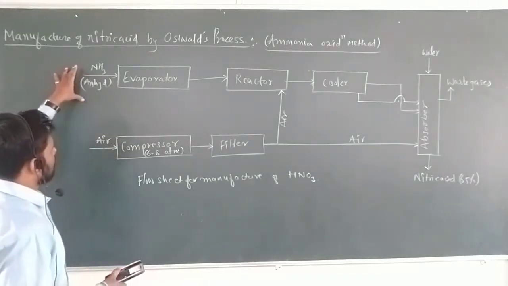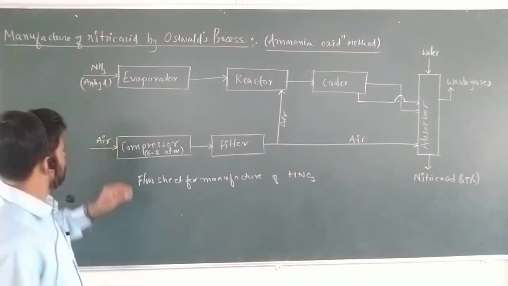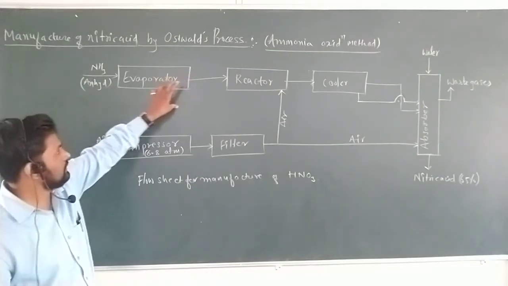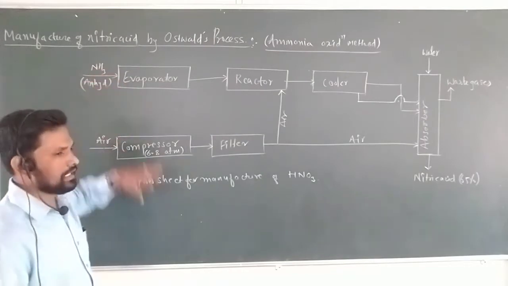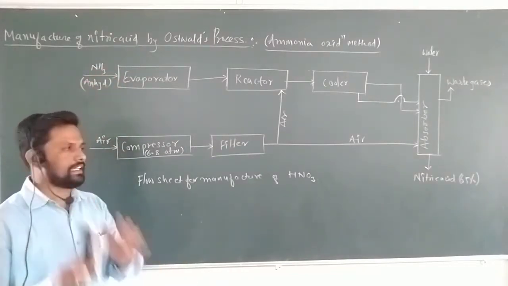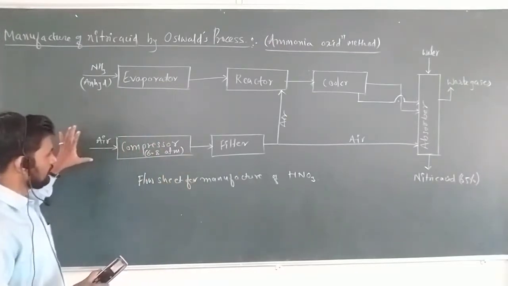At one end, pure, dried anhydrous ammonia is passed towards the evaporator, where the liquid ammonia is converted into gaseous form, that is, vaporized. At the other end, air is used.